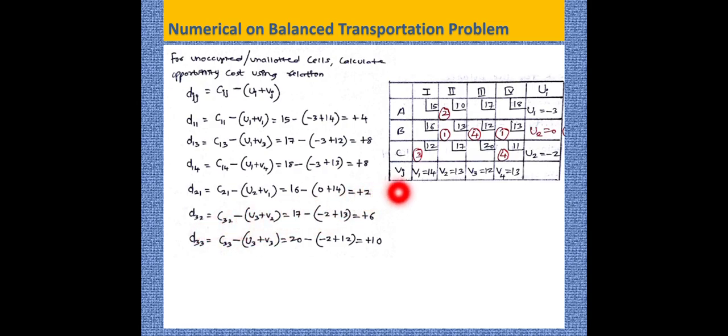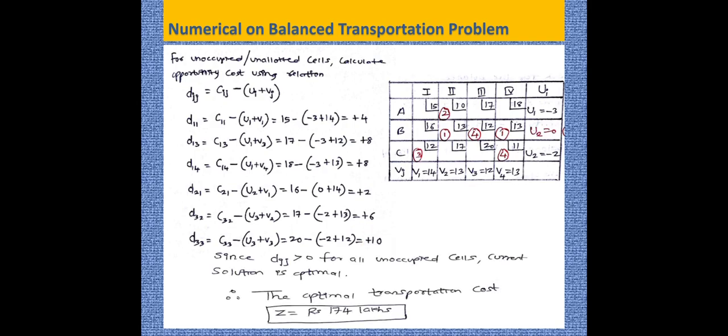Similarly, D32 is C32, that is 17, minus (U3 plus V2), that is 17 minus (minus 2 plus 13), which comes 6 here. Next is D33, that is 20 minus (minus 2 plus 12), so I am getting plus 10.